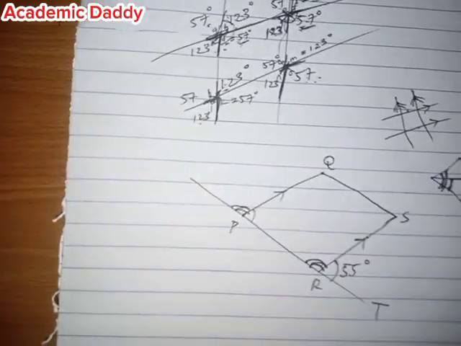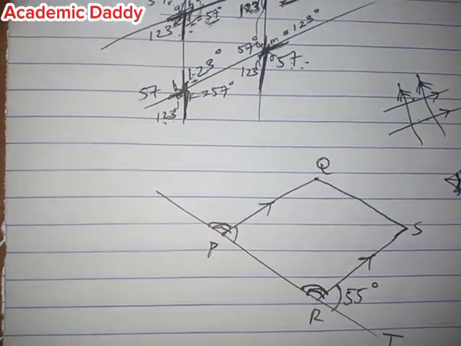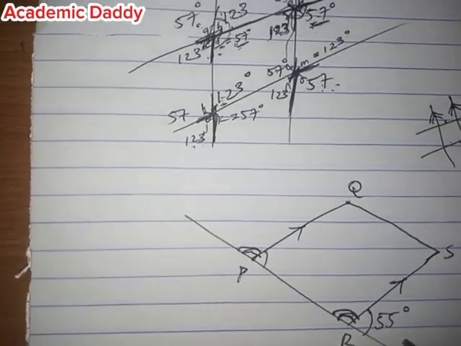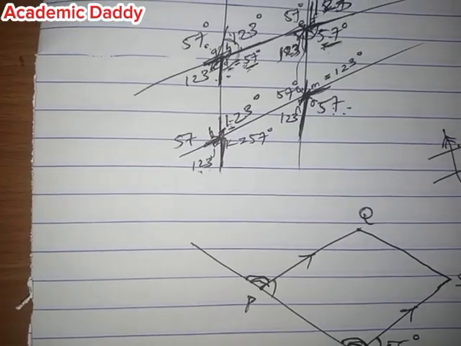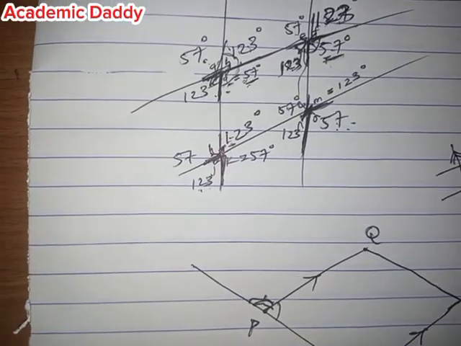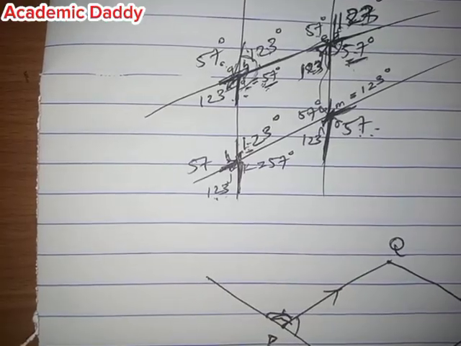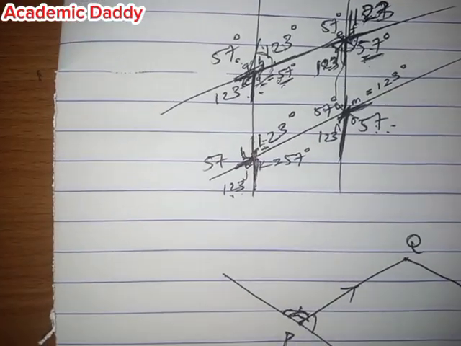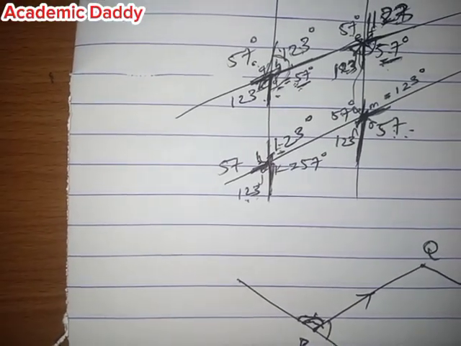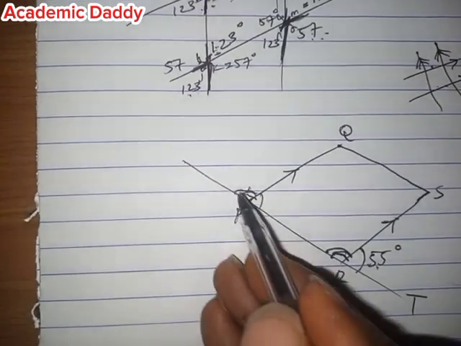So let's say this tells us to find the missing angles. In order to find the missing angles, all I need to do is to simply see, notice this is external. This is external. So if this is external, this is external, this is internal, and this is internal, and they're on a straight line. Once they're on a straight line, it should add up to 180.